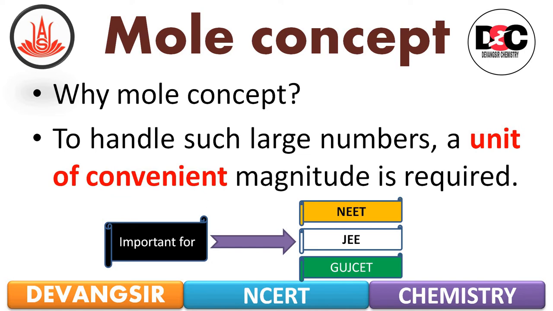We cannot even see atoms and molecules, but we still have to calculate the number of atoms present in such large amounts. To handle such large numbers, a unit of convenient magnitude is required, and that unit is nothing else but the mole. So pay attention and watch the video till the last.